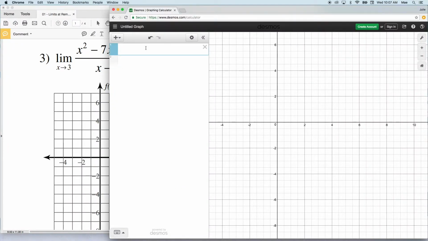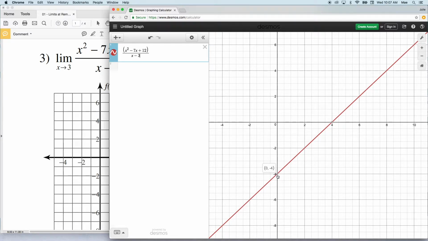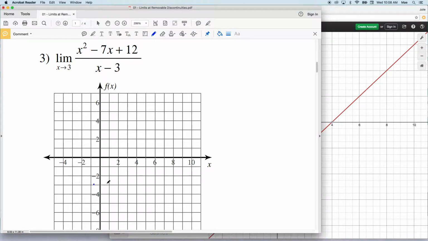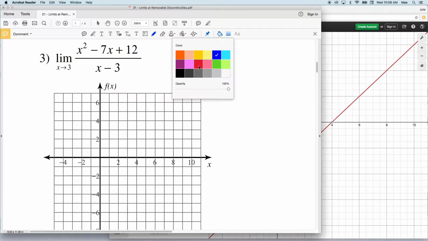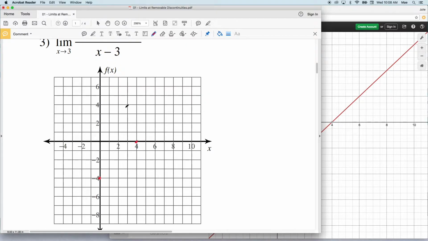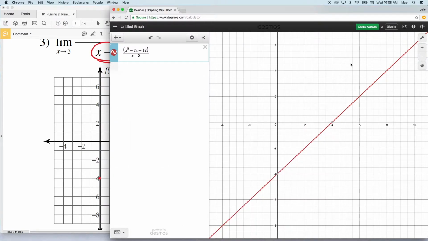So typing in my function, I have x squared minus 7x plus 12, and that's all over x minus 3. So you can see that I have a straight line with intercepts at (0, negative 4) and (4, 0). So I'll go ahead and plot those 2 points to draw my line. However, remember we know that we have a discontinuity at x equals 3.